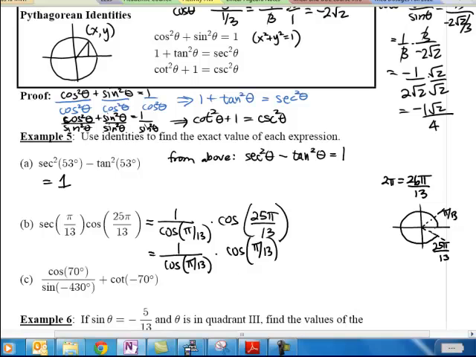Right? The y's would be different, the sine values would be different, but the cosine values would be the same. So here we can replace cosine of 25 pi over 13 with cosine of pi over 13 using the symmetry that we can see from that picture, and we'll just get 1 from that.